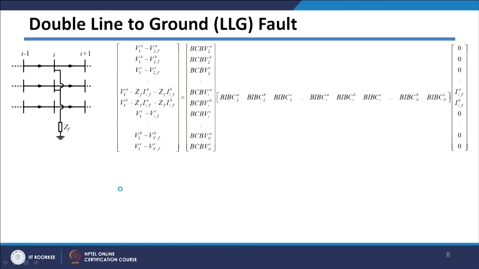Similarly, in a generalized way, if you want to write the voltage equation using whatever we have done in case of LG fault, I will just write them here.